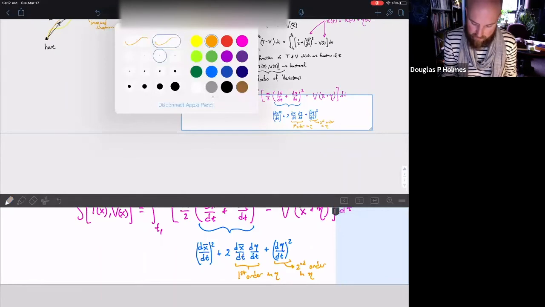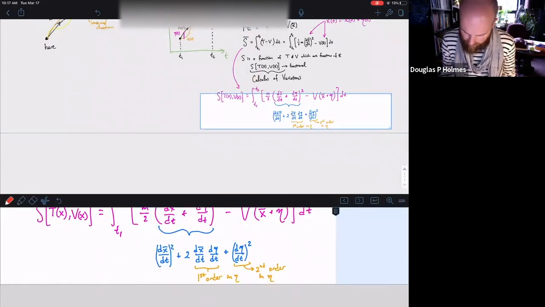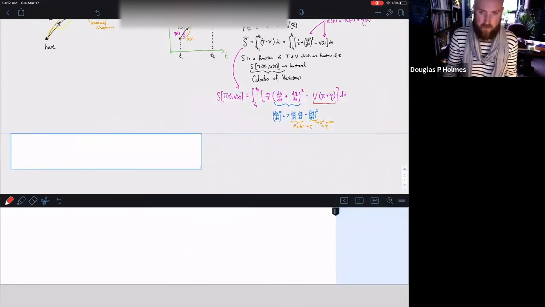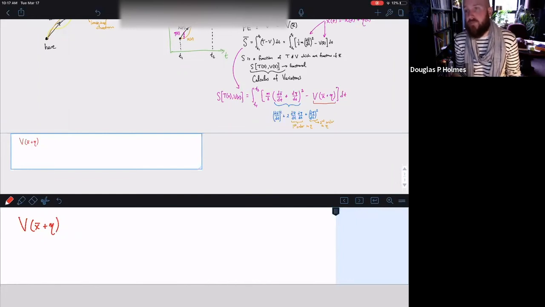So the next thing I'm going to do is deal with this here. And so we'll do that down over here on a new page. So what do we do with V of x bar plus eta? Well, we don't know what this is.